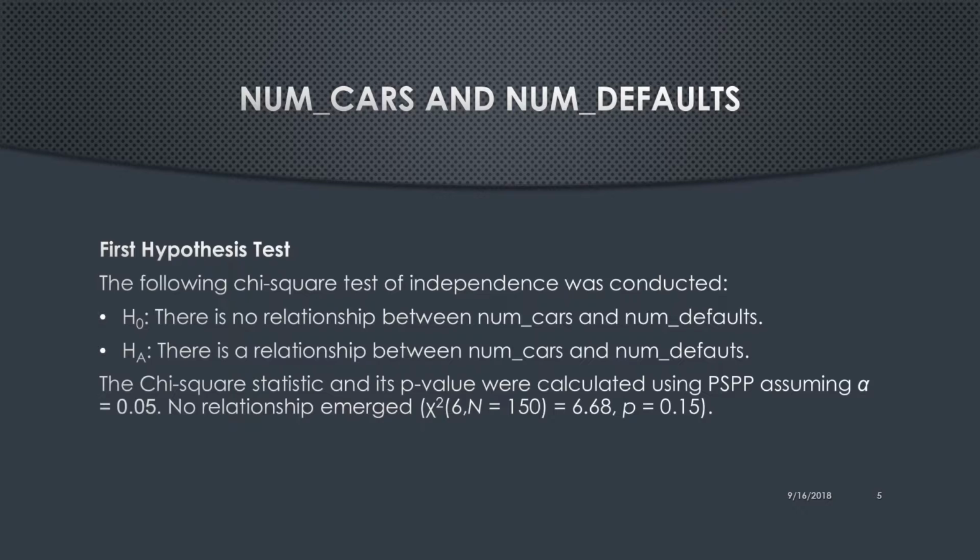The chi-square statistics and its p-value were calculated using PSPP, assuming alpha equals 0.05. No relationship emerged from the calculations of chi-square with 6 degrees of freedom in 150 cases with a chi-square value of 6.68, p-value of 0.15.